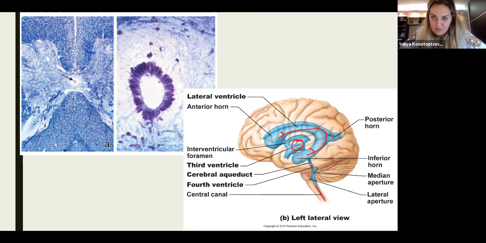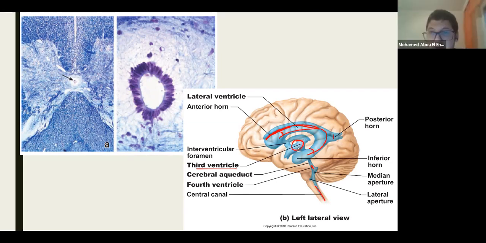Where is choroid plexus? In the lateral ventricle. So roof of the anterior horn of the lateral ventricle, that's where choroid plexus will be. That's the area where we produce the CSF. Third ventricle, which structure is nearby? Pineal gland.